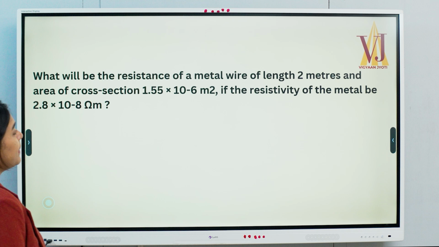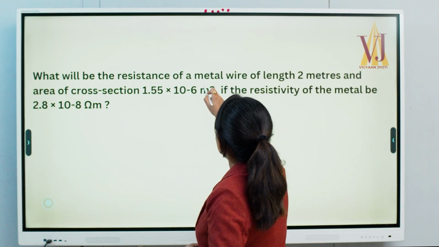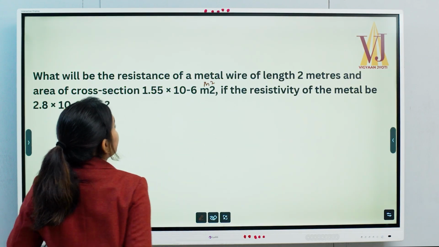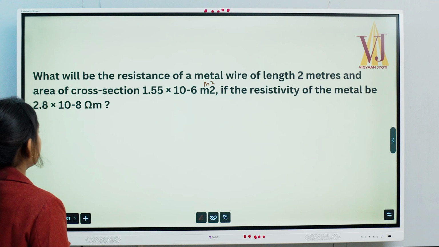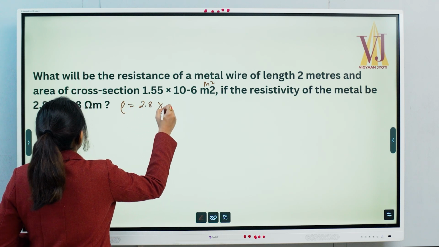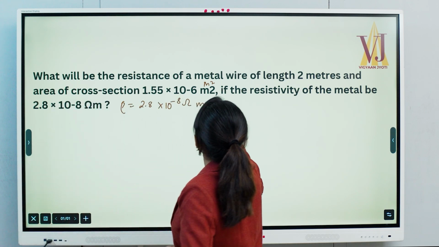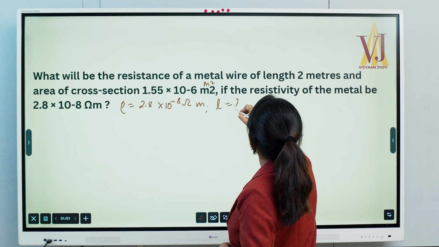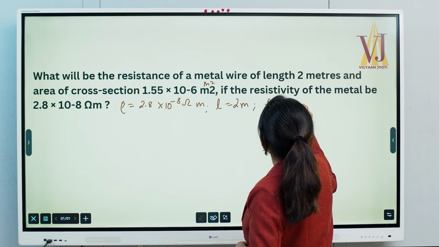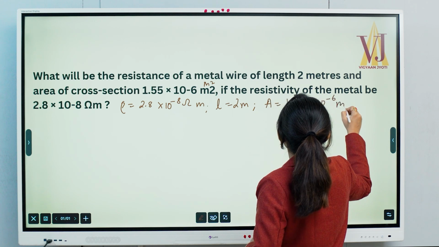What will be the resistance of a metal wire of length 2 meters and area of cross section this much meter square, and if the resistivity of the metal is this much? So this time you have to calculate R. Resistivity is given as 2.8 into 10 to the power minus 8 ohm meter, length is given as 2 meter, area is given as 1.55 into 10 to the power minus 6 meter square.